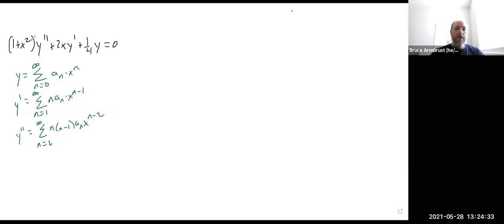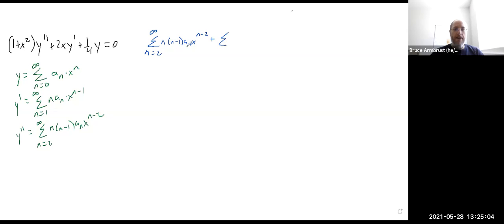All right, so we're going to put those in here for our differential equation. What I'm going to do is go ahead and do the distribution when I put the sums in, just to save us that step. So when I take 1 plus x squared times this, I'm actually going to get two sums. I'm going to get the sum that's written there from the 1 times it.